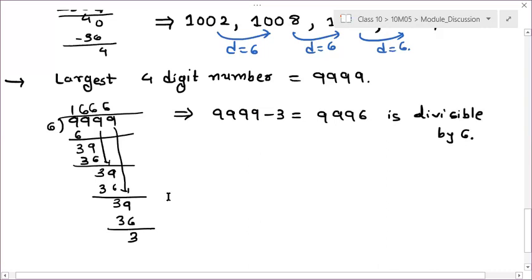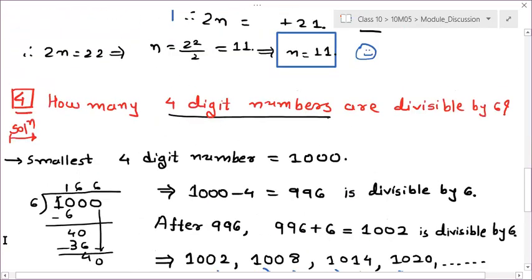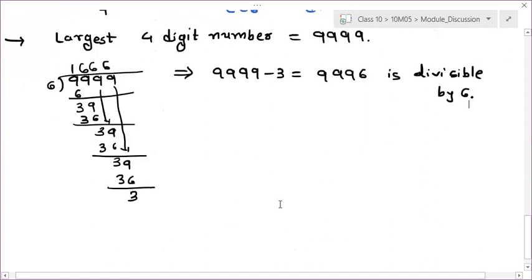Okay. Now we need to find how many total 4 digit numbers there are which are divisible by 6.